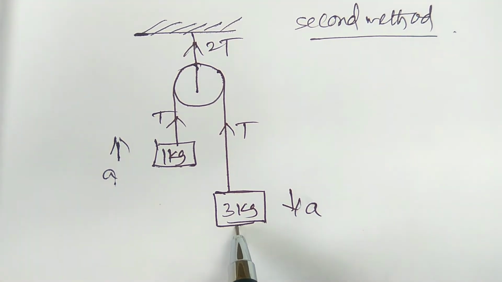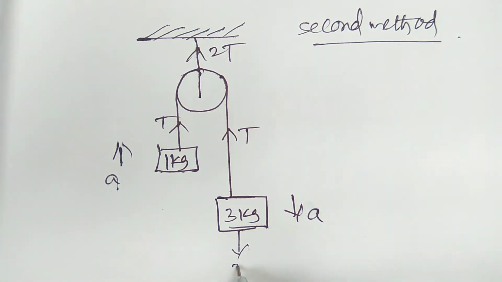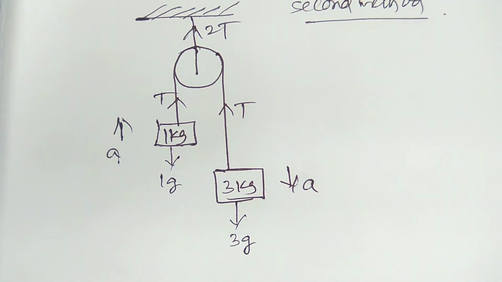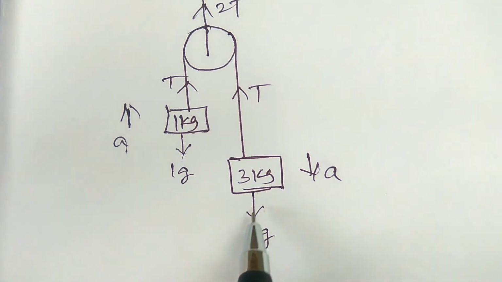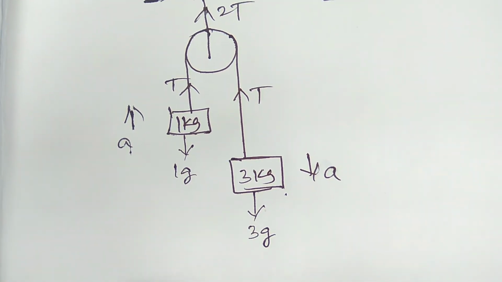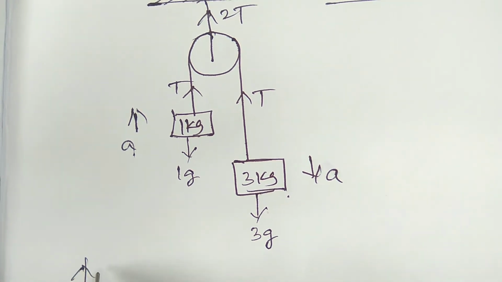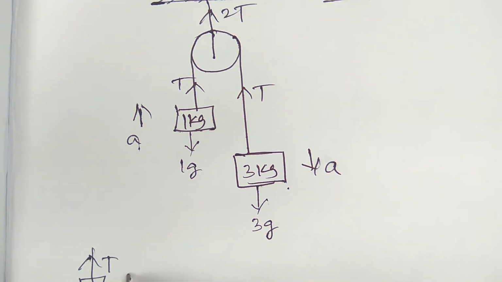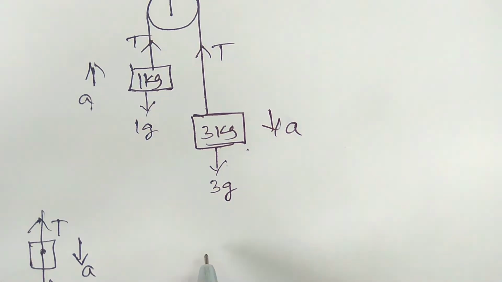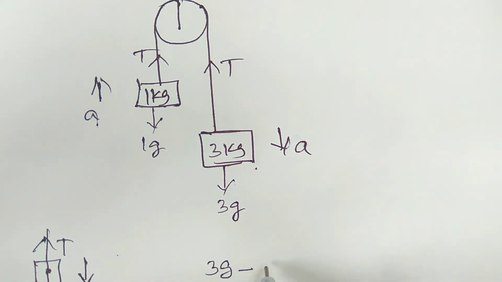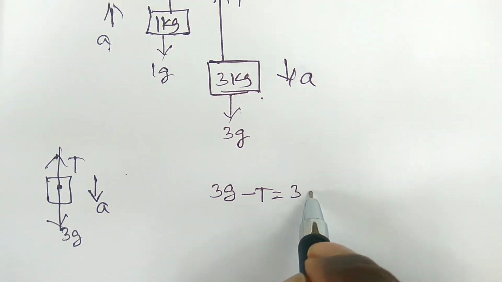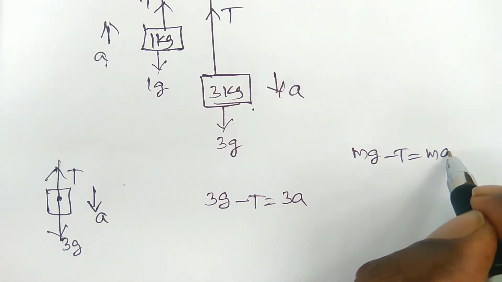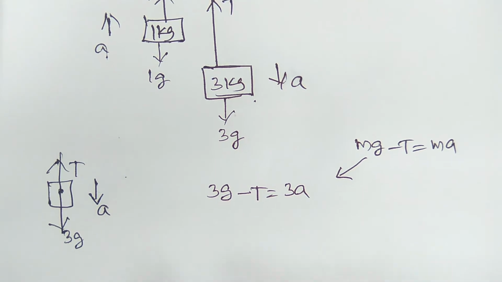For the first body, m1, T acts upwards and 3g acts downwards, and the acceleration is downwards. Then we can write 3g − T = 3a. The basic equation is mg − T = ma.